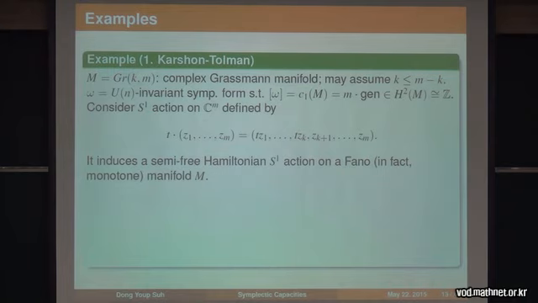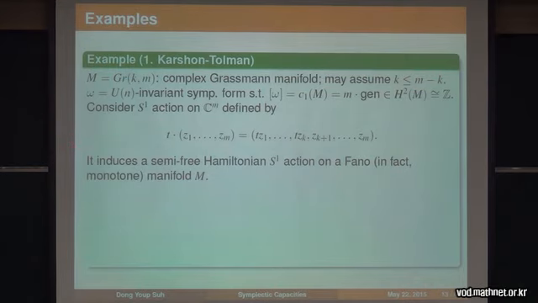So I just add some action, and under the condition that it has some nice symmetry, then we could calculate this capacity. This is what I'm going to say. So let's introduce the Hamiltonian circle action on the Grassmannian manifold as follows.